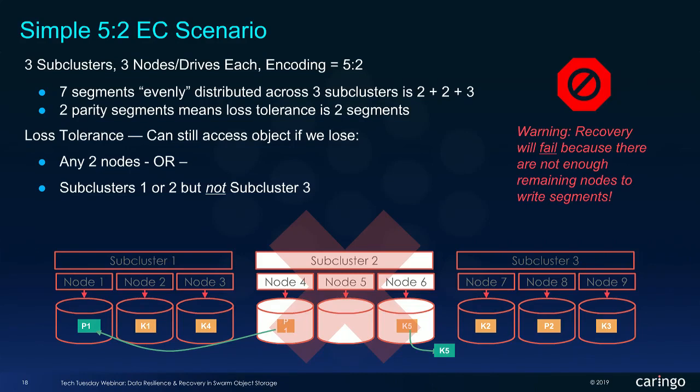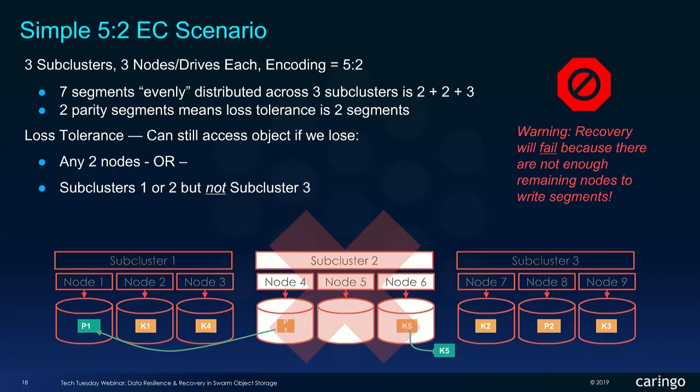We use subclusters. The idea of a subcluster is just a partitioning you can advise us on. So you could say all the chassis in one rack are a subcluster, all the chassis in another rack are a subcluster. And what Swarm will do is make sure that they're distributed across that, so you can protect yourself against whatever unit of failure you feel appropriate.